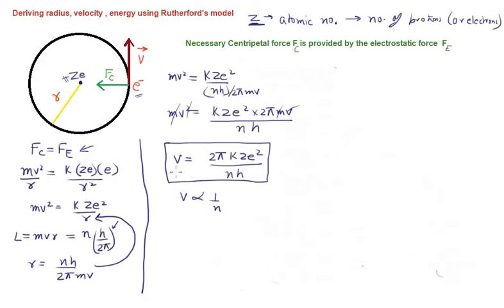v is this much. Now in order to find the value of r again in terms of n, we can just put this value here in this equation. So r will be equal to nh divided by 2 pi m, and the value of v is 2 pi k Ze square upon nh.